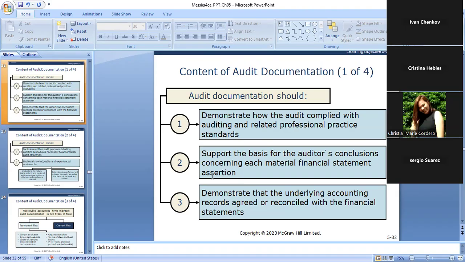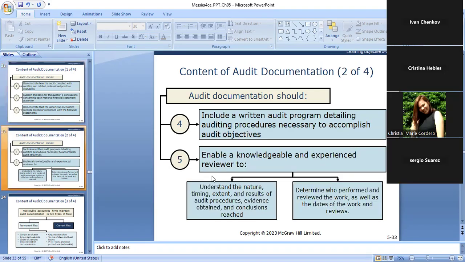So everything that we're doing is to confirm. Remember, our job is to confirm that the financial statements are actually accurately stating what happened in the company. So we're chasing all the way down to the journal entry in order to do what? To confirm the financial statements are accurate. That's all.